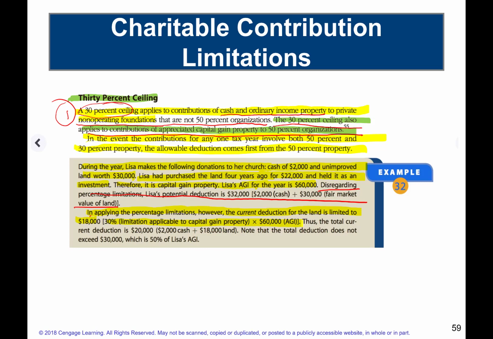So she can only take $18,000 of the total $32,000. Thank you. Because she's limited to the 30% of the AGI. Okay. Now, of course, the cash is still the cash, and it's not a capital item, and so she can take that. We know that, and then she can take only $18,000 of the $30,000.